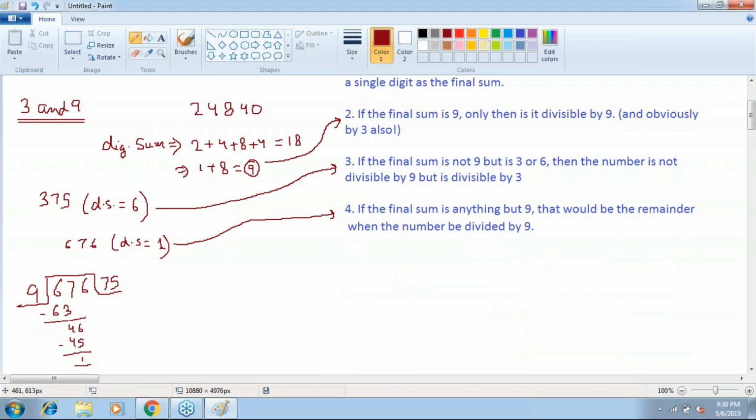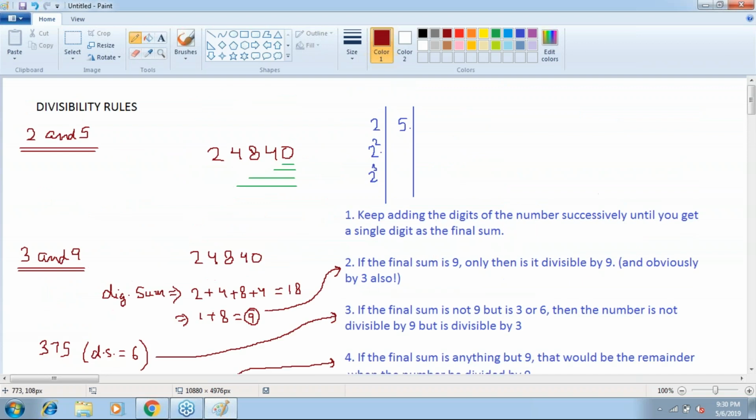Okay, so 3 and 9 done. Alright, so we found that this number is divisible by 3 and 3 square also. So if it is divisible by 2, 5 and 9, it is divisible by 90. If it is divisible by 8, 5 and 9, it is divisible by 360.